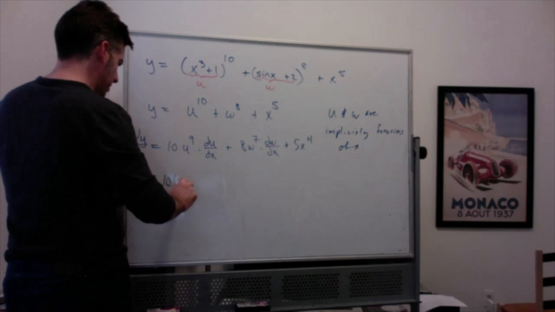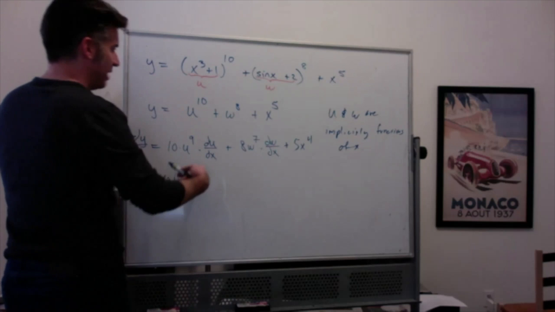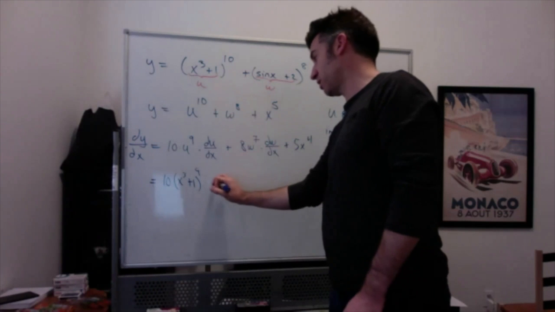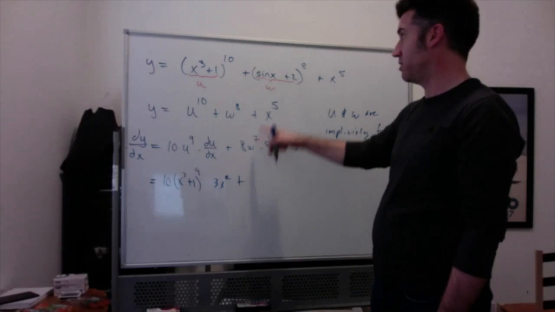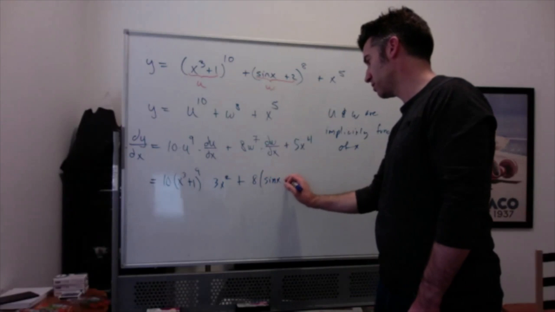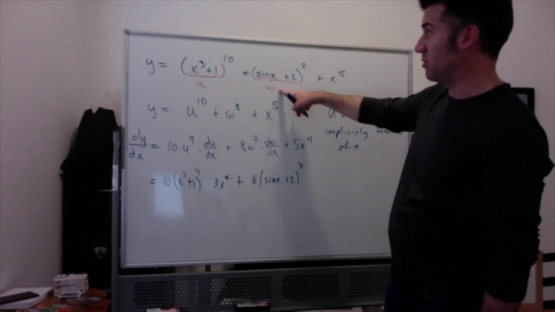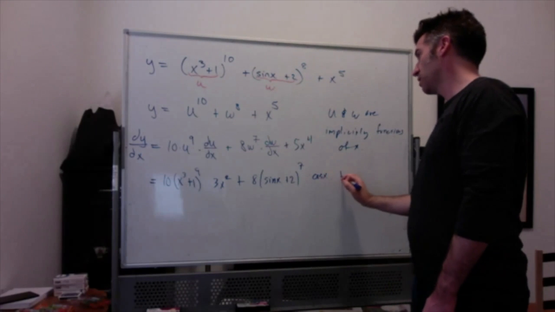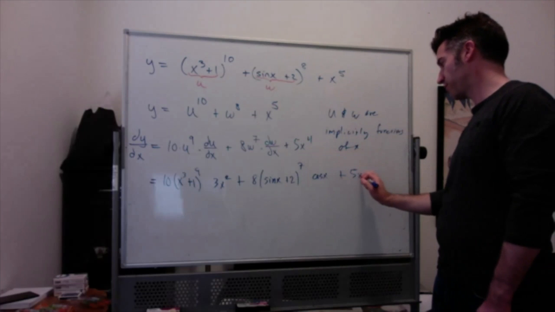This is 10 times (x cubed plus 1) to the 9th times du dx, which is just the derivative of this, 3x squared. Plus, I could plug back in that w is sine of x plus 2. Get 8 times (sine of x plus 2) to the 7th times dw dx, which is the derivative of this with respect to x, just cosine of x.